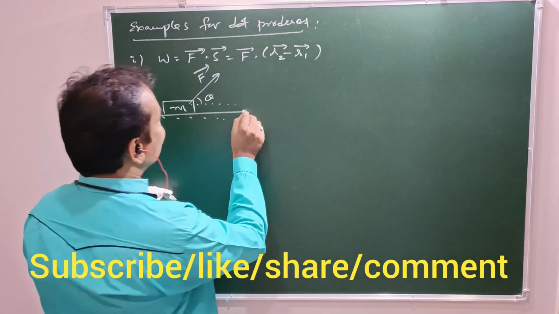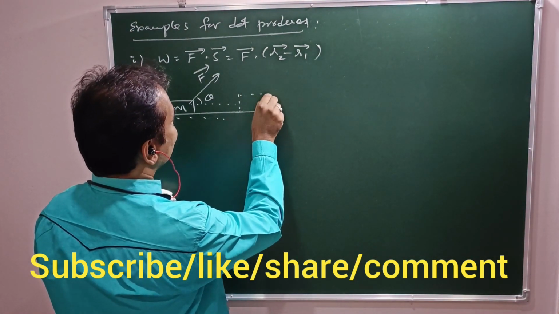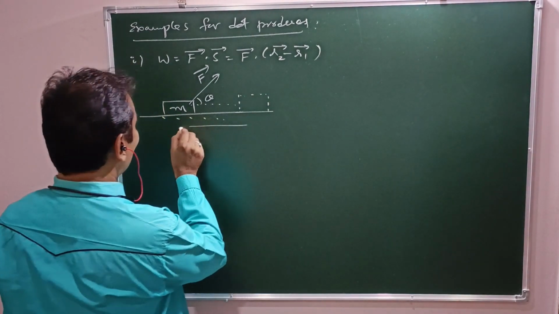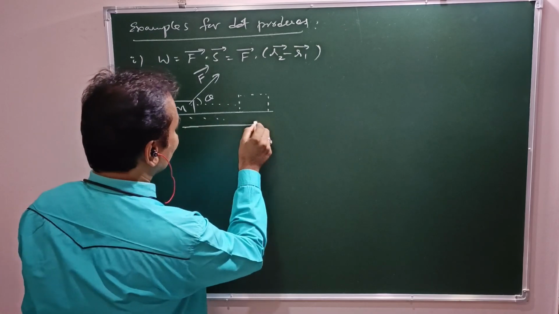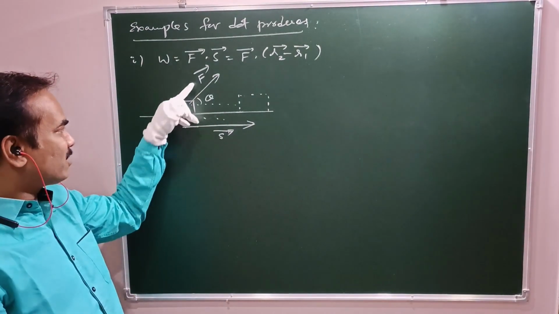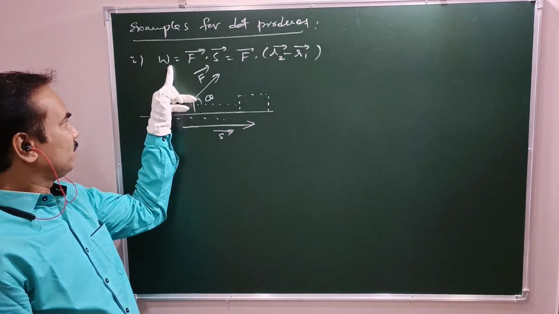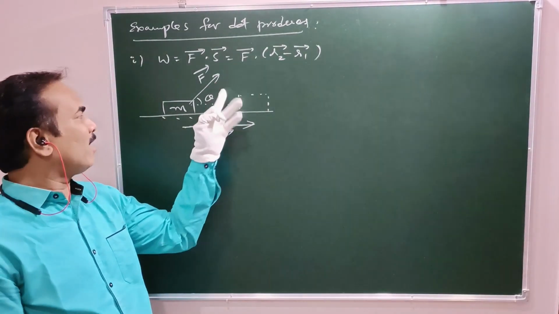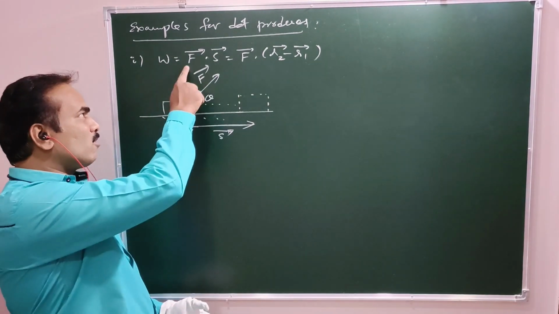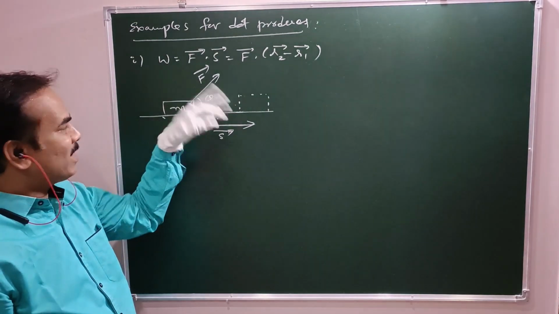After some time, the body reaches somewhere here. This is the displacement vector from midpoint to midpoint. What is the angle between force and displacement vector? Theta. So the work done by that force vector is given by F bar dot S bar. The dot product of force and displacement vector is mathematically equal to the work done by that force.